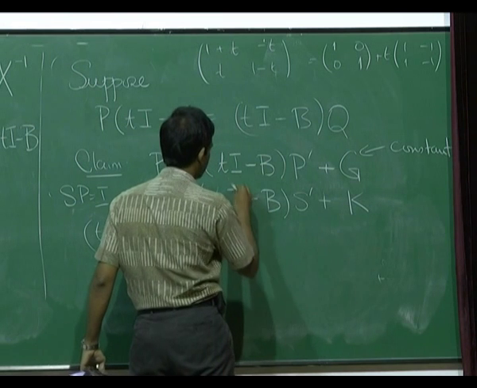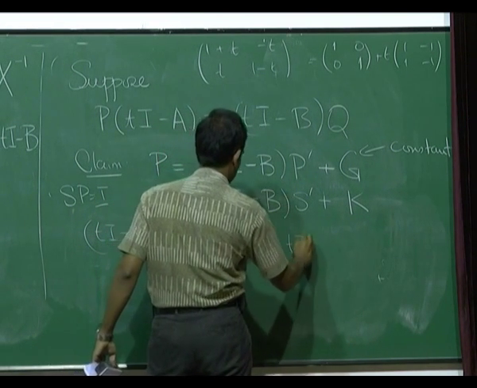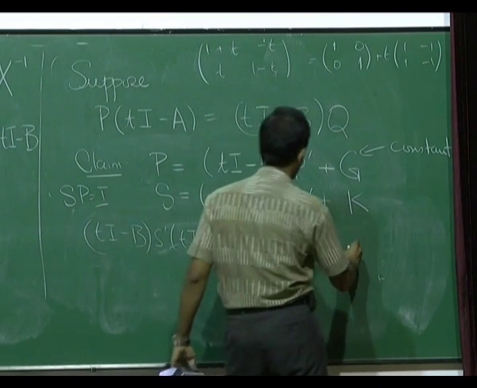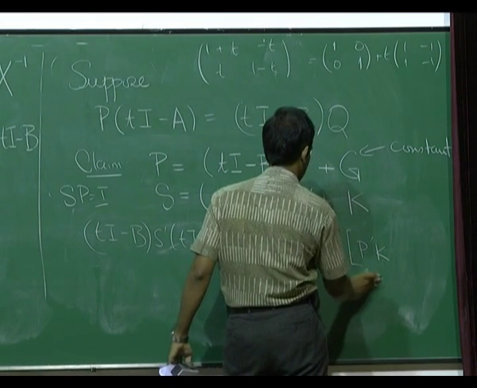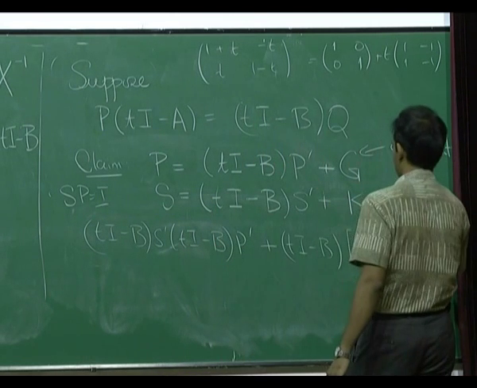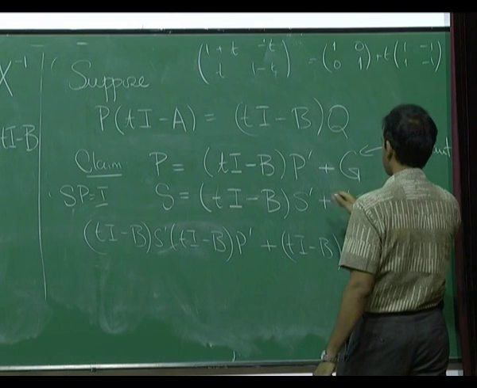Then there's cross terms, plus (tI minus B) P prime K, plus, sorry, not P prime K, right?